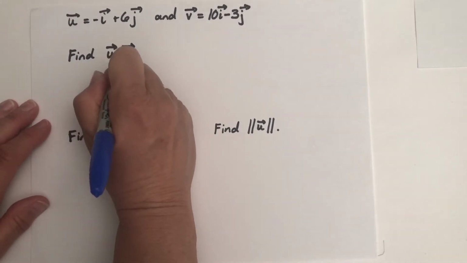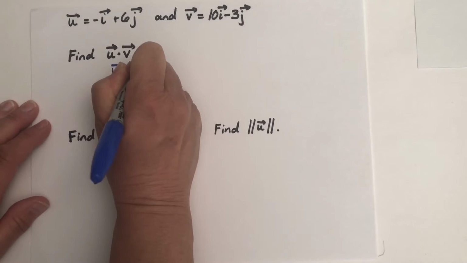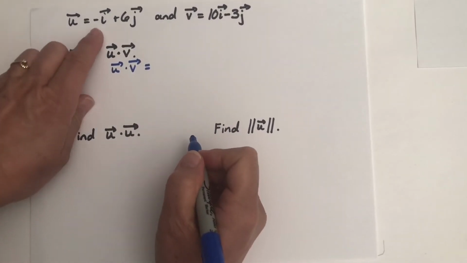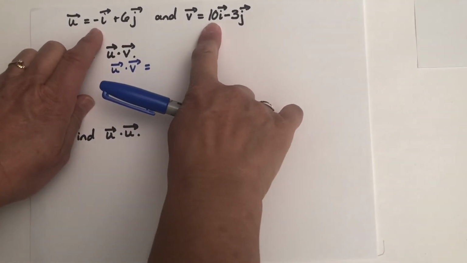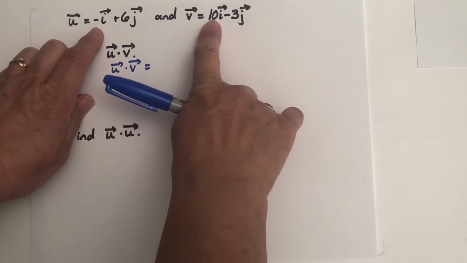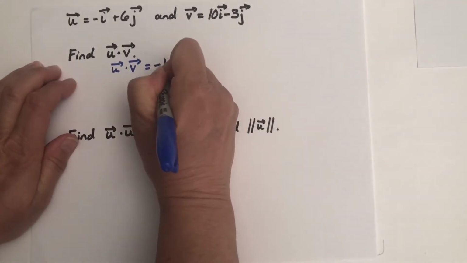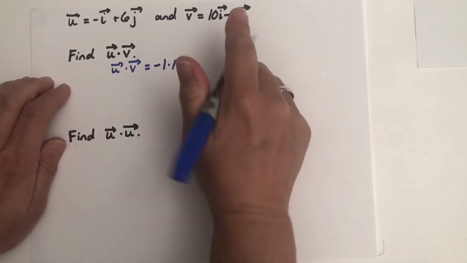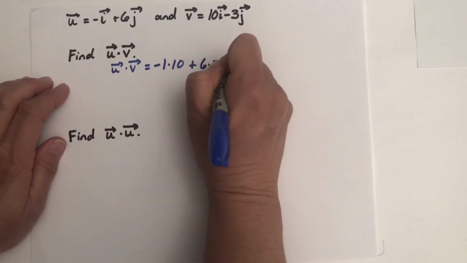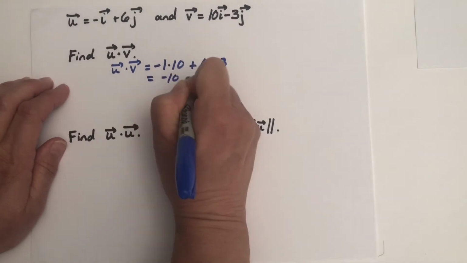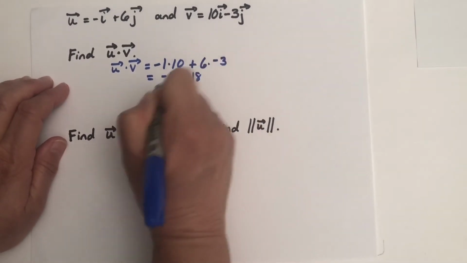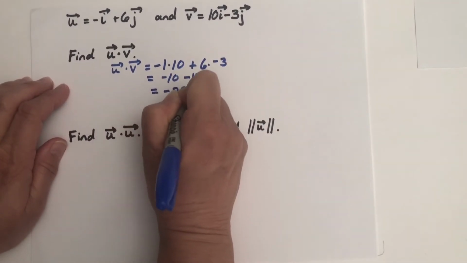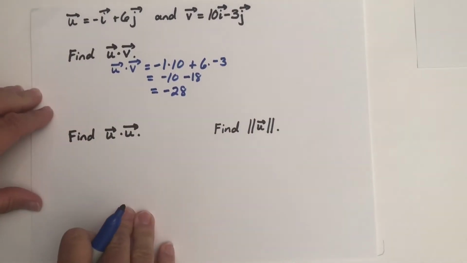We're going to find u dot v by multiplying the x components, -1 times 10, and add that to 6 times -3. So we have -10 minus 18, or the dot product is -28.